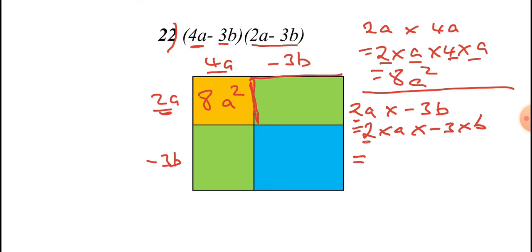Now I can say 2 times minus 3 is minus 6, and a times b is ab, so I can just write minus 6ab, which will go there.